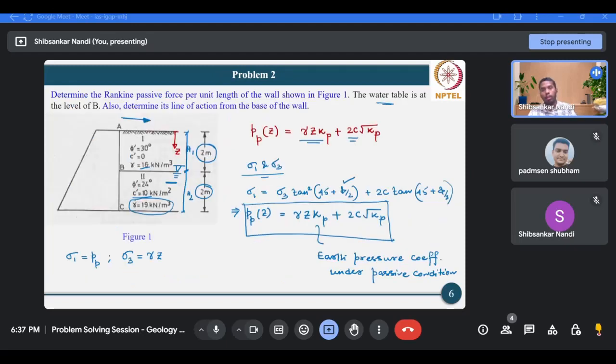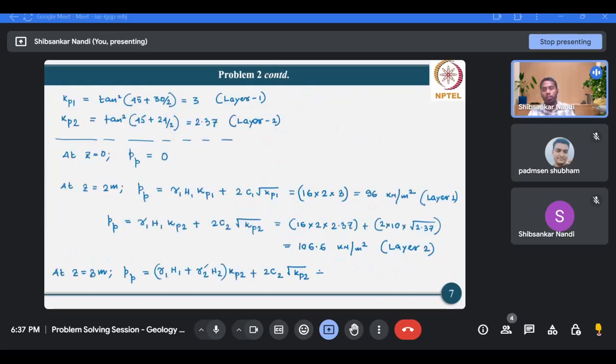For the top layer, submerged and saturated or total are the same, because it's under dry condition, so it will not create any problem. However, once you come to the second layer, you have to be very careful about the unit weight while you are calculating the overburden pressure at level C. So that's why we have taken gamma 2 prime.